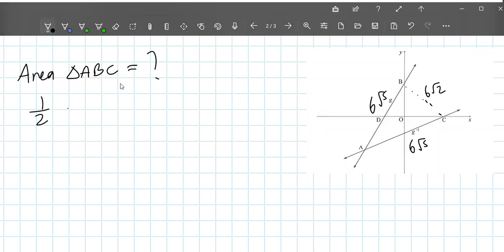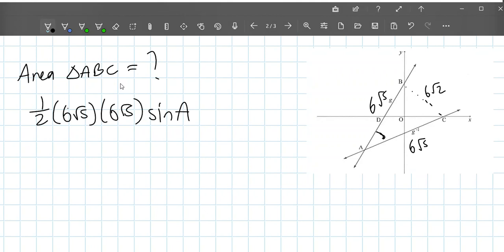To find the area of ABC, the triangle, the rule would be a half times 6 square root 5 times 6 square root 5. Sorry, this is not the cosine rule, it's the area rule of sine of this angle. That's this angle A. To work out angle A, we use the cosine rule.